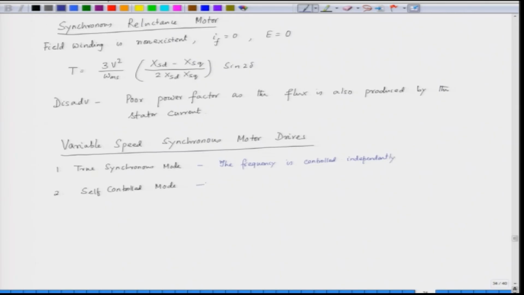Now, when the frequency is controlled as a function of the rotor speed, that is called a self control mode. The stator frequency is controlled by the rotor position feedback.